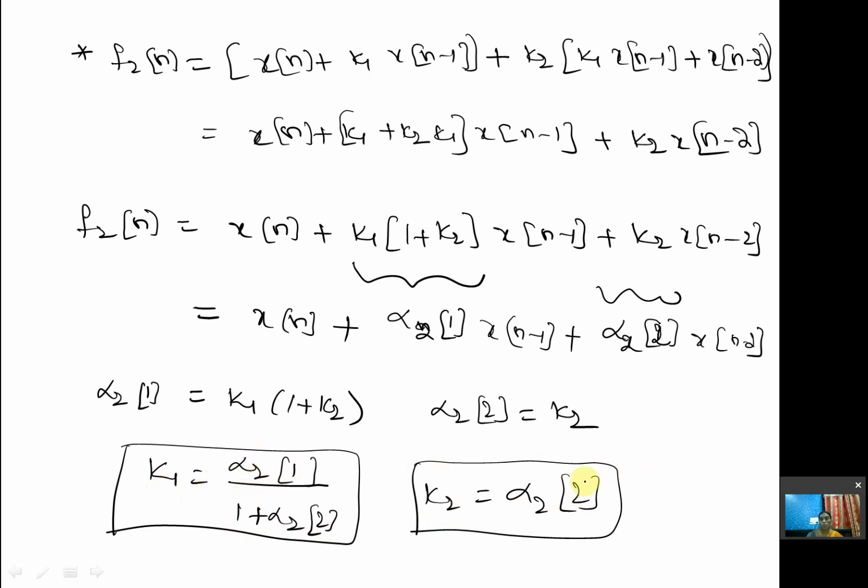Okay, right? So these two, K1, K2, are called reflection coefficients.